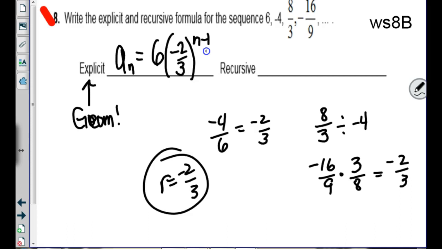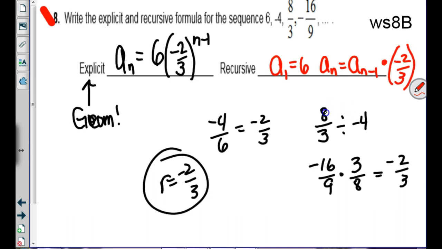All right, recursive. A sub n minus 1 for previous term, then what are we doing? Yeah, I would put the parentheses just so that it didn't look like a minus 2/3. That's it. You're going to get recursive right. I'm really nervous about that tomorrow.